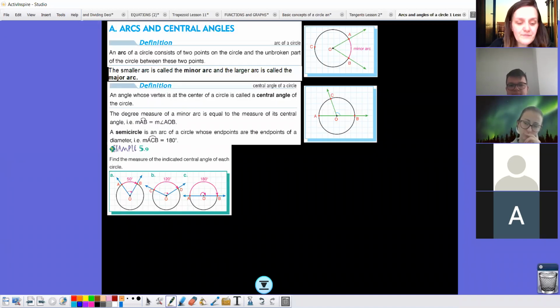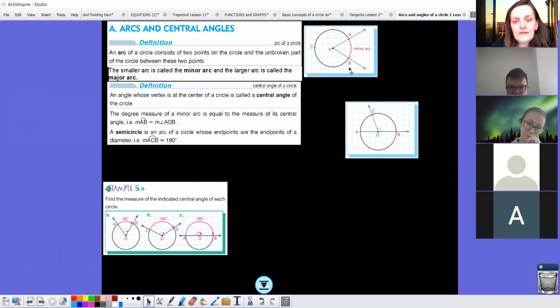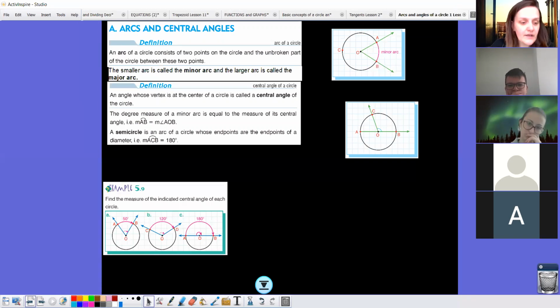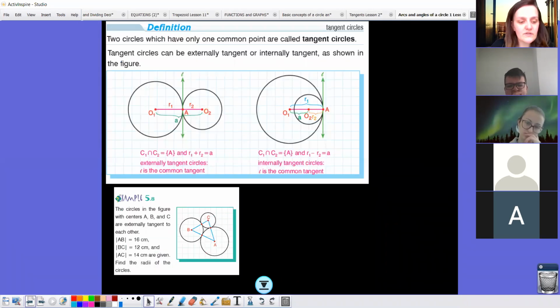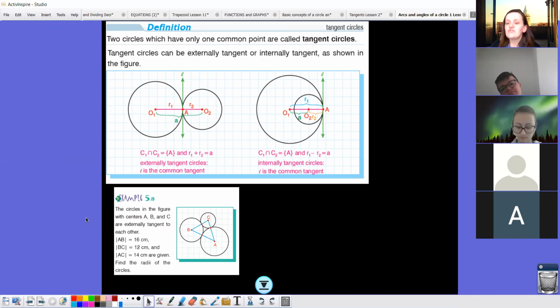Now we have arcs and central angles. Let me open the first page. As you can see here, two circles which have only one common point are called tangent circles.